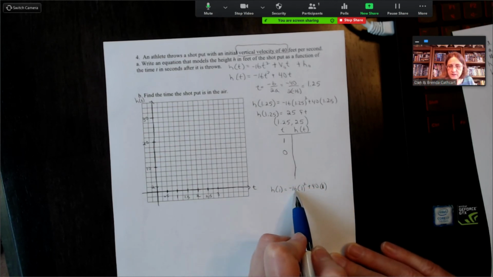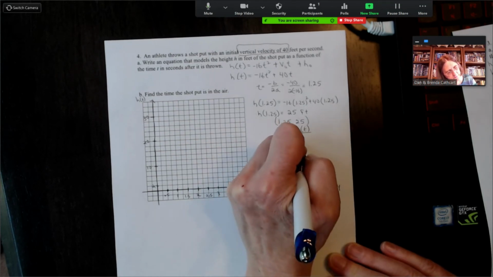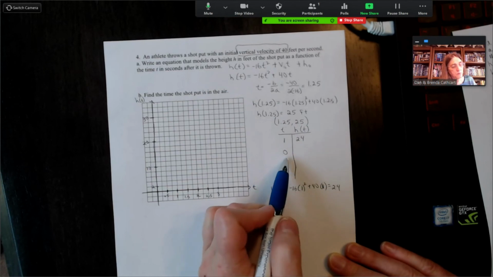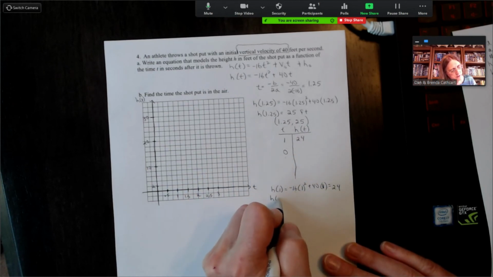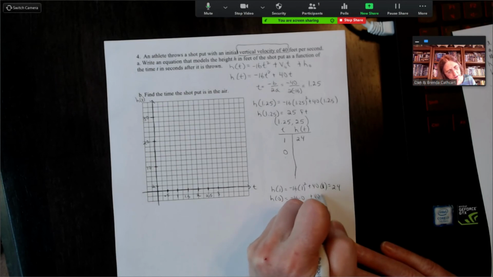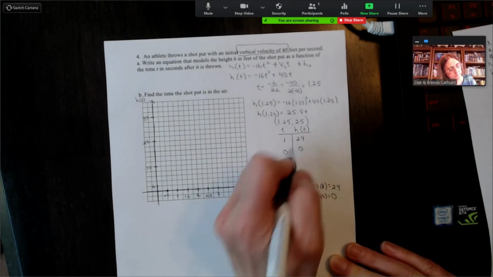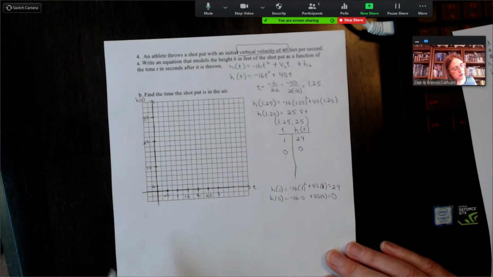So we have negative 16 plus 40, which is 24. And when I use 0, h of 0 is negative 16 times 0 plus 40 times 0, which is just 0. So let's graph these points.